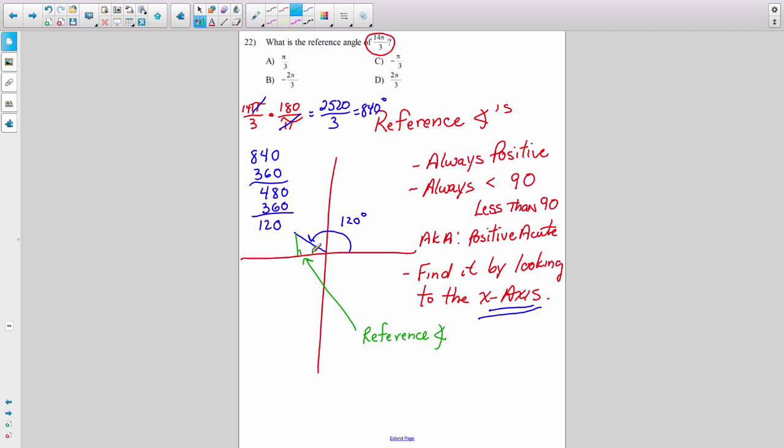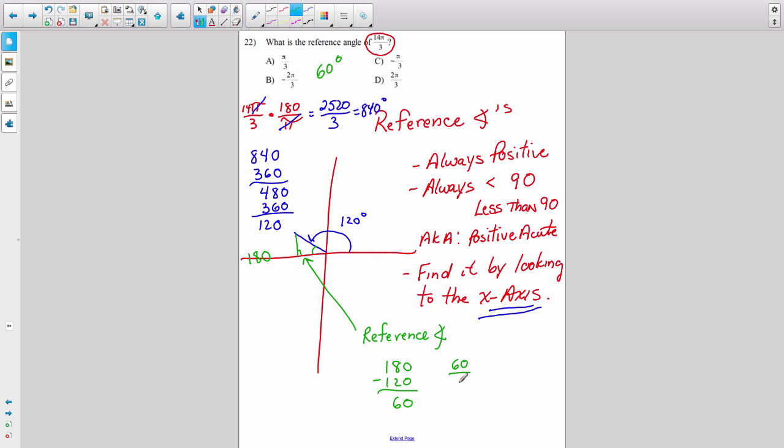And regardless of what position it's in or how it got created, we're always going to say positive. So in this case, 180 was the x-axis. So I will take 180 degrees, subtract 120, and I find that my reference angle is 60 degrees. Cool. Now I realize this is a radian question, so let me convert my 60 degrees to radians.